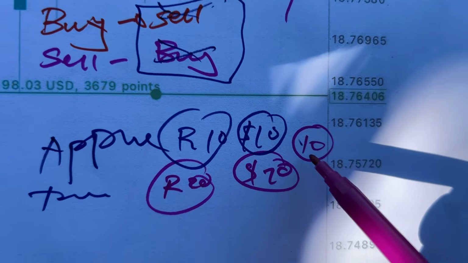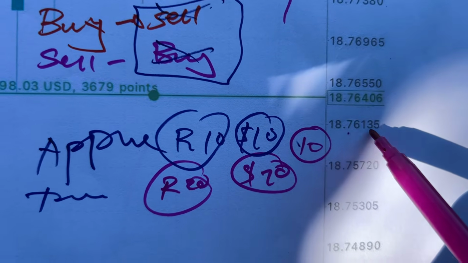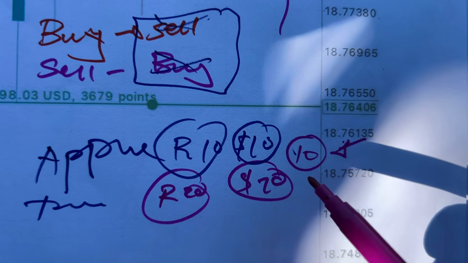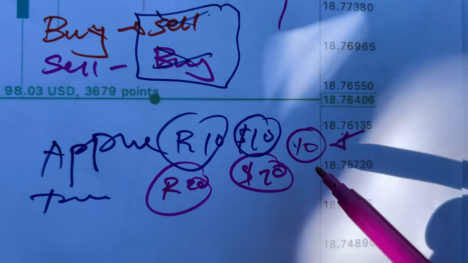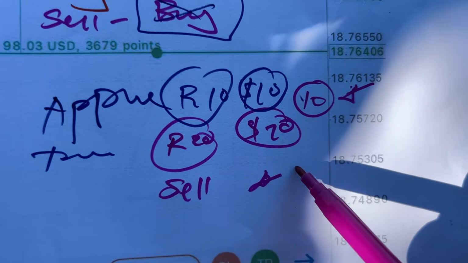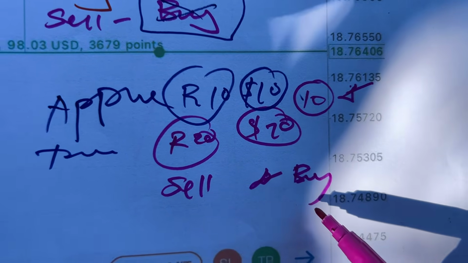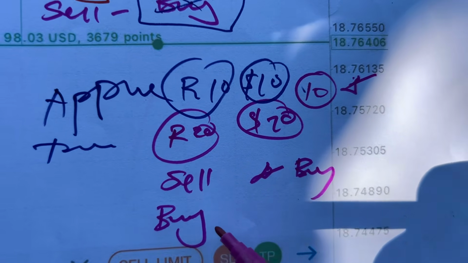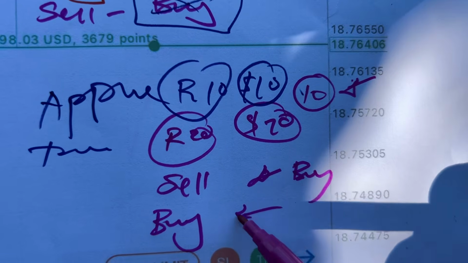Now, when you're selling, someone has to come and buy. When you're selling apples, someone has to come to buy. And when you actually buy a product, someone has to sell the product to you.